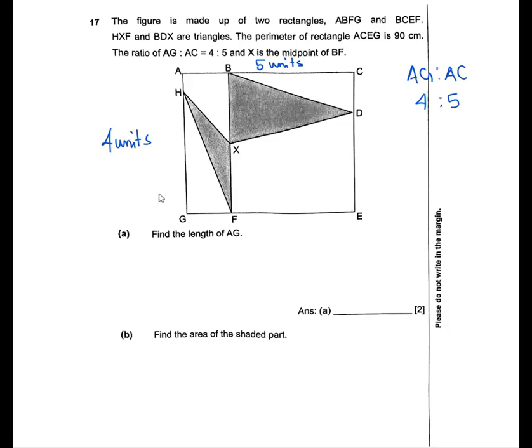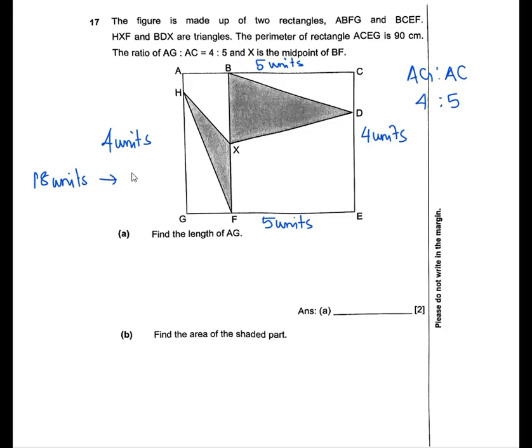If this is 4 units, what do you think is CE? That is also 4 units. And what should be GE? Because that should be equal to AC, this will be 5 units. Now when you add all these, 5 plus 5, 10, 10 plus 4, 14, plus 4, 18. So I get 18 units. And the total length of all this is 90.